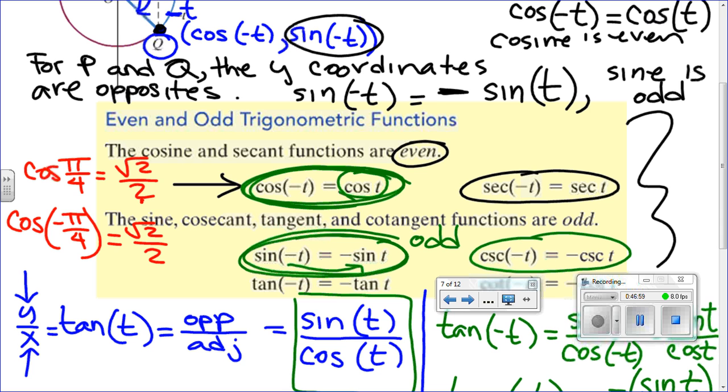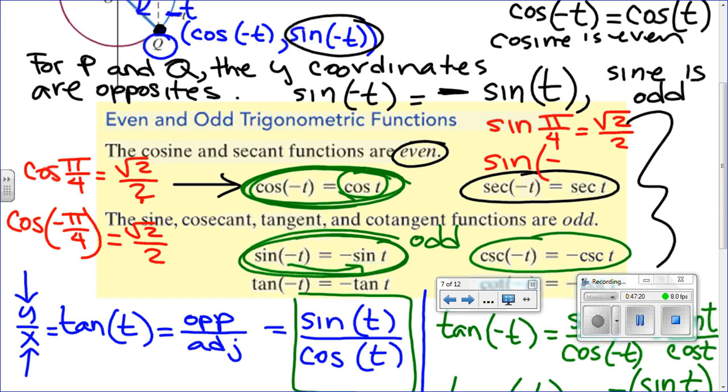Now, if you have sine, which is odd, and I ask you, what is the sine of, let's just use pi over 4 again. What's the sine of pi over 4? Square root of 2 over 2.